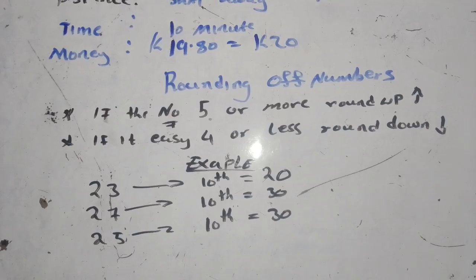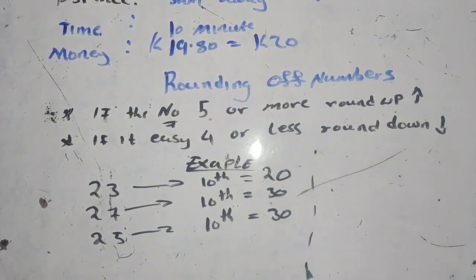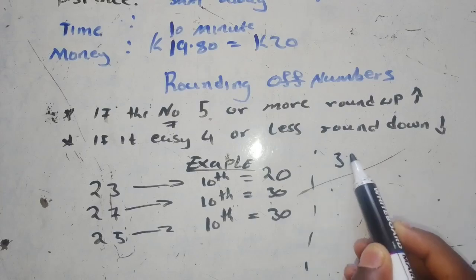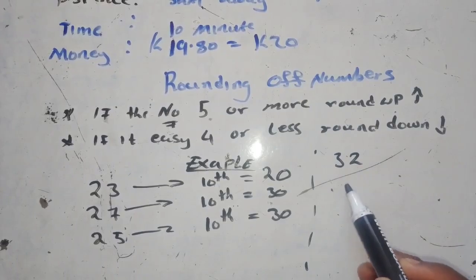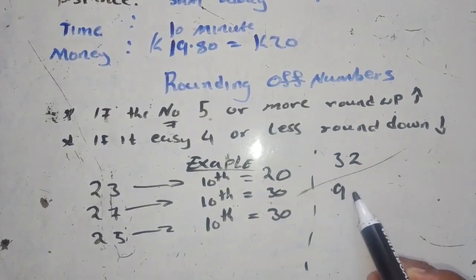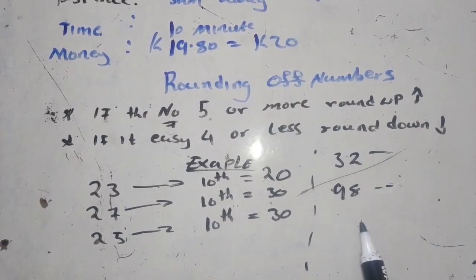So on your own, try to round off these. I have 32, round off to the nearest tens. 98, round it off to the nearest tens.